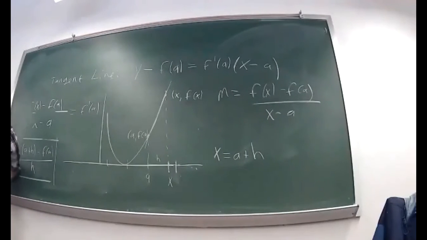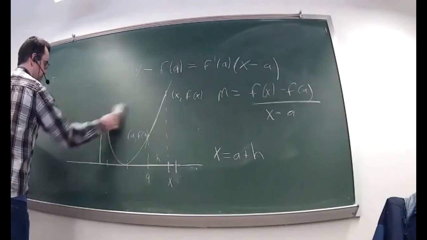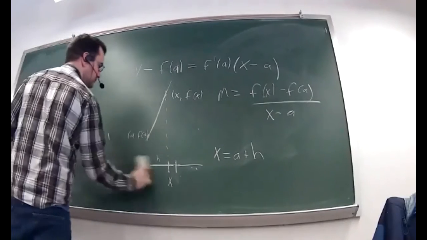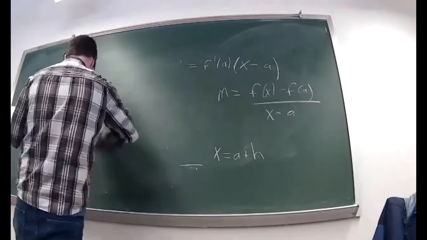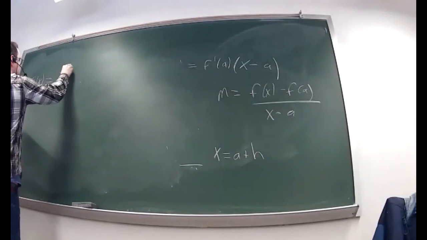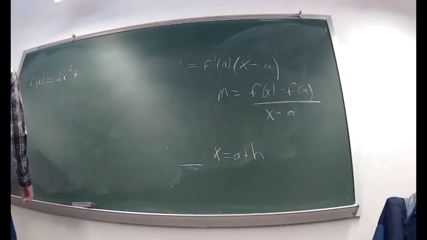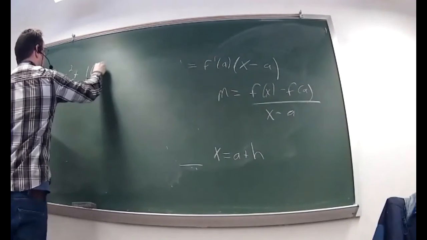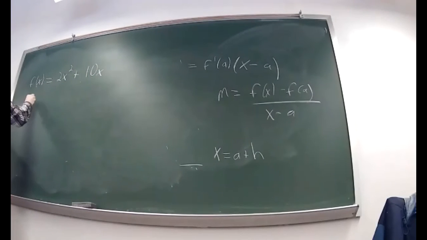It's just going to be one of those problems that says compute the derivative and then write down the equation for the tangent line. It's one of these bread and butter problems. So let's take f of x equals 2x squared plus 10x. Let's take a equals 3.